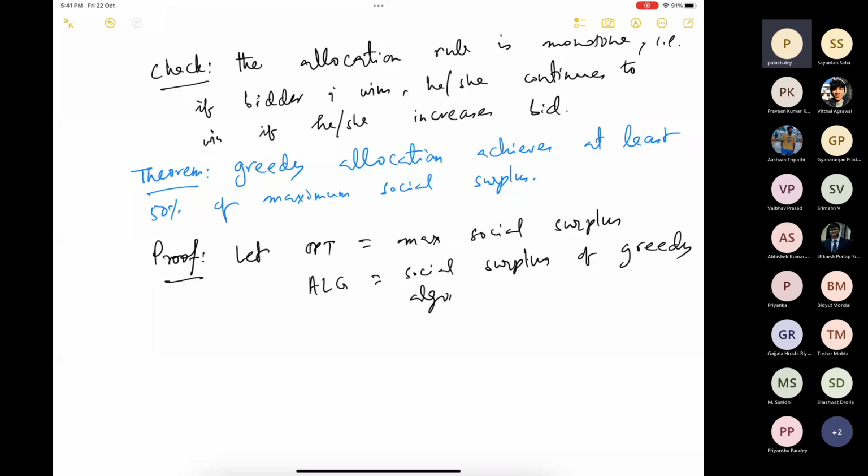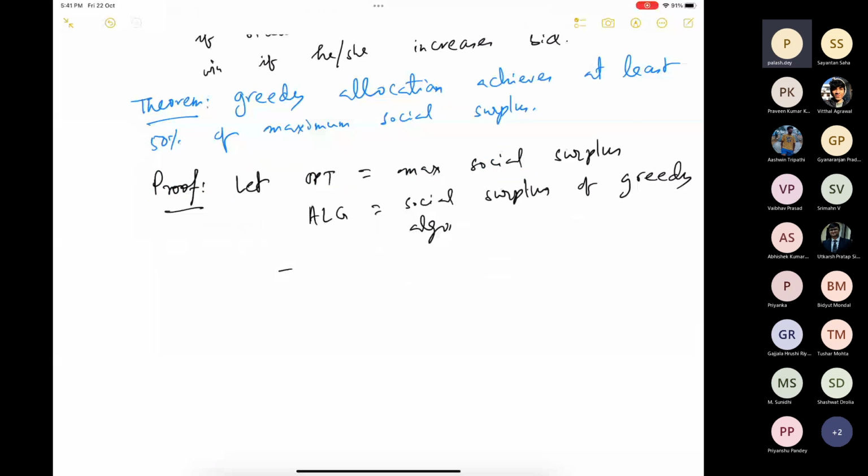Okay, so we need to show that alg is greater than or equal to half opt.